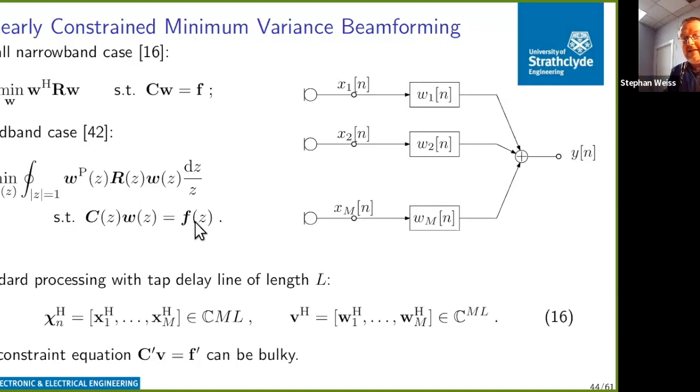If we used a standard tap delay line based implementation of this, we would do a concatenation of our beamforming filters into a vector V, and a concatenation of snapshots of our data in the tap delay line into a vector Xi here. So these vectors now would be of dimension M times L, where M is the number of sensors and L is the length of our tap delay line.